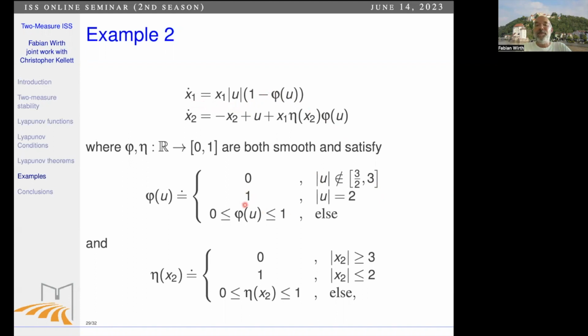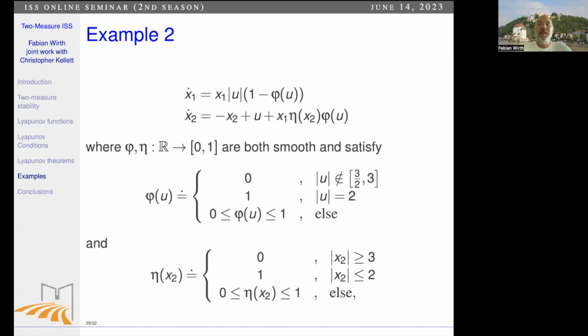And phi reaches a supremum 1 at u equal to 2. And then this will just make x1 dot equal to 0 if that happens. And eta vanishes where x2 is large and is equal to 1 if x2 is relatively small, smaller than 2.